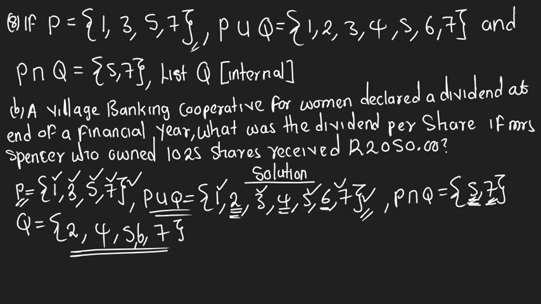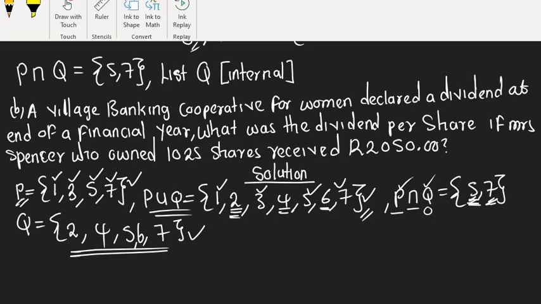Yes, I've included it because they are saying P intersection Q, meaning whatever is common in P and Q. So 7 was common in this and this. No wonder I've included it. Okay. Please, if we're not clear, let me know. It's clear. Okay, thank you.